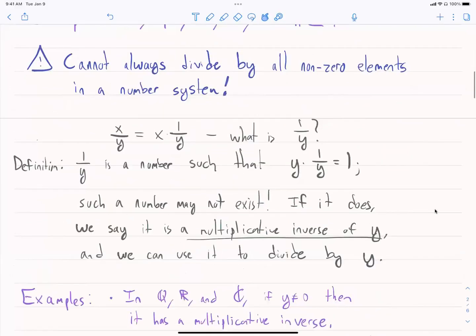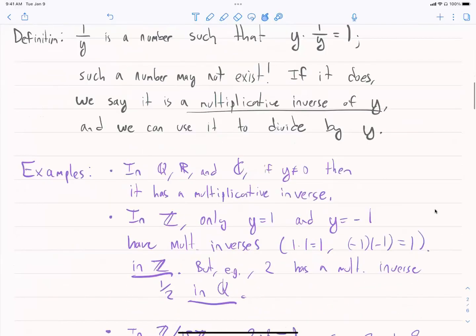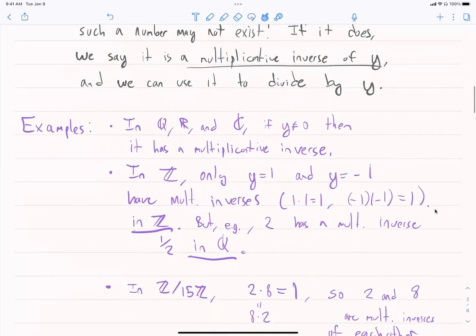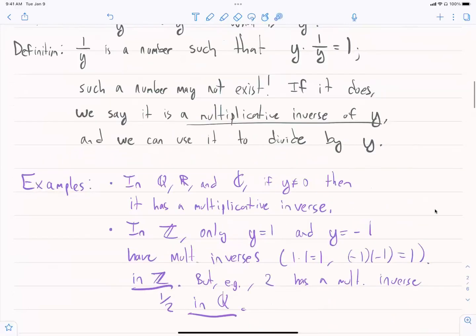So the real question then is, which elements have multiplicative inverses? We saw some examples in class today. Let me recall the first couple. In the rational numbers, real numbers, and complex numbers, you can always compute 1 over y as long as y is not 0. So any non-zero number in these number systems has a multiplicative inverse.